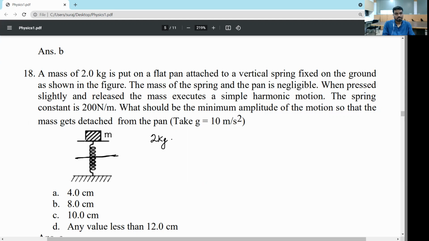Minimum amplitude means what? While I press it, whatever point I press till there, that is the amplitude, right?